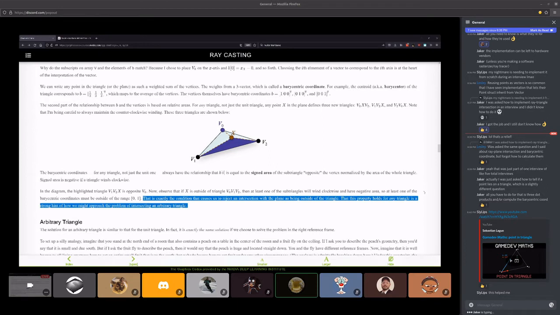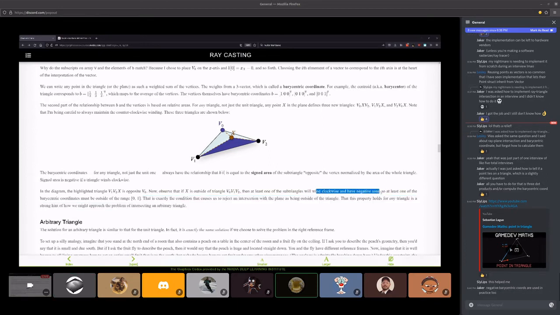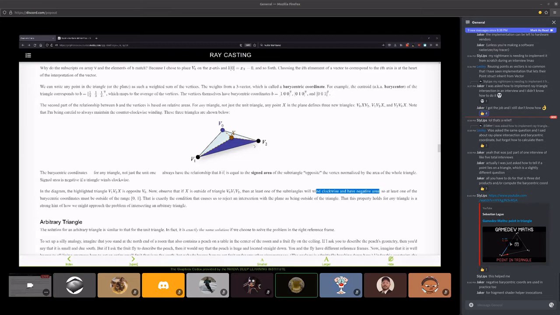Yeah, that's a good way to describe it. If you had a point outside of it and were to draw a triangle from two of the vertices to the point, it would have a negative area, and that would be bad. Well, not bad, just not inside the triangle.